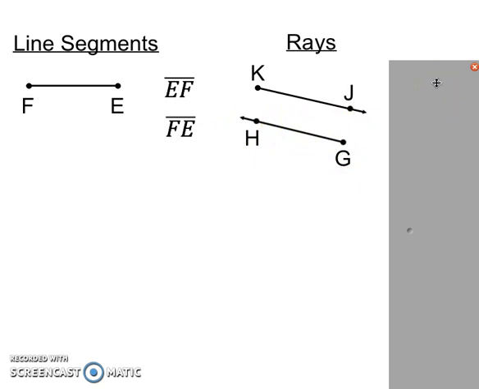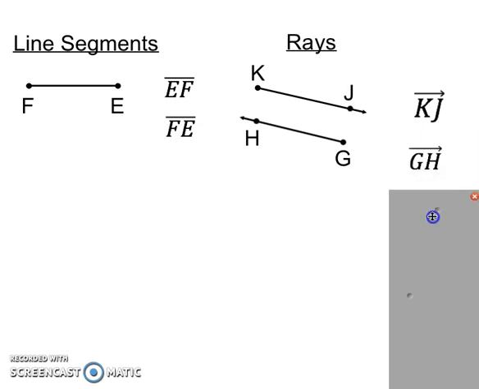When you write rays, the order now is important where it hasn't been important before. When we write rays, we're going to start with the endpoint and end with whatever direction it's going in. So this one would be ray KJ. The next one, you might be inclined to say HG, but we're starting with G and going in the H direction. So you need to write GH with that ray over it.